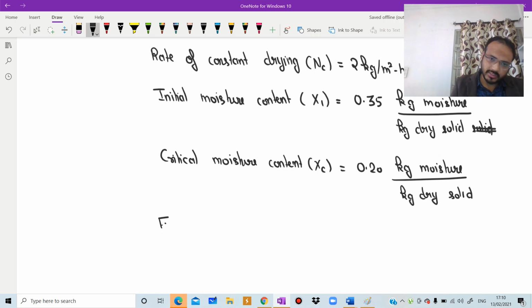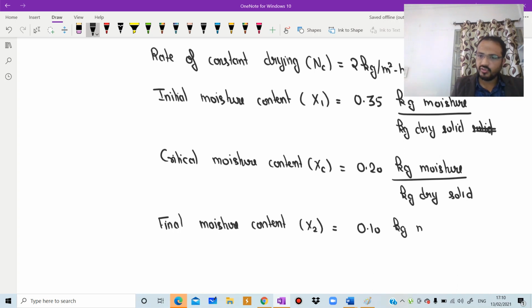Next one is final moisture content, that is x2 is equal to 0.10 kg of moisture per kg dry solid.